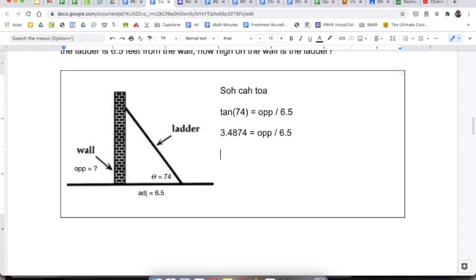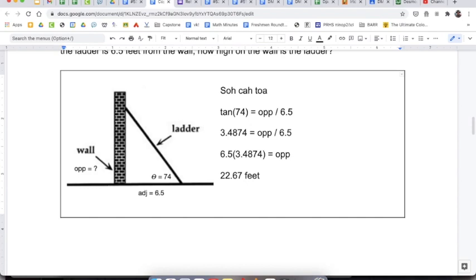And of course, to get rid of the division by 6.5, we're going to multiply both sides by 6.5. And then on the calculator, that gives me 22.67, rounding off to the nearest hundredth of a foot.